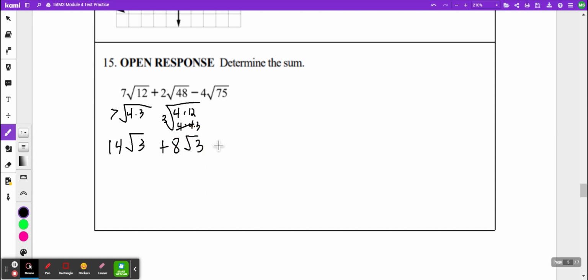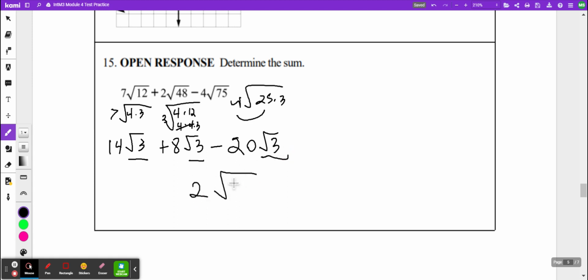And then this one is going to be minus. But let's see. I have 25 times 3. That's the radical. I can pull out a 5. So this is going to be minus 20 radical 3. Well, 14, let's call it fish. 14 fish plus 8 fish is 22 fish. And 22 fish minus 20 fish is 2 fish. But we're going to re-put that because we want to make sure it looks mathematically sensible.